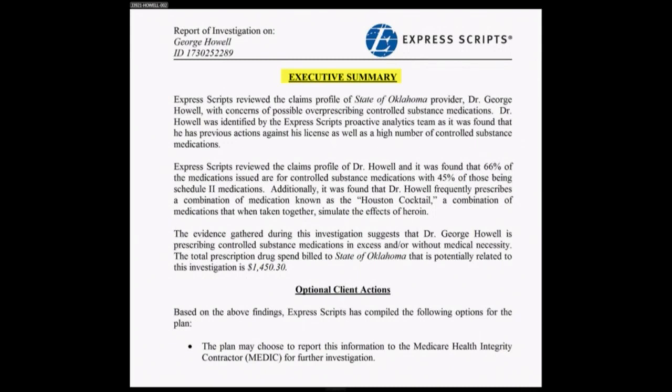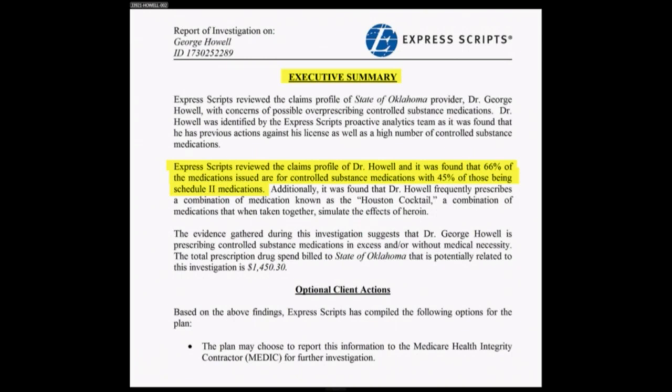Now, turning back to the executive summary, we see the indication that Express Scripts, in the second paragraph, reviewed the claims profile of Dr. Howell, and it was found that 66% of the medications issued are for controlled substance medications, with 45% of those being Schedule II medications, right? I see that.